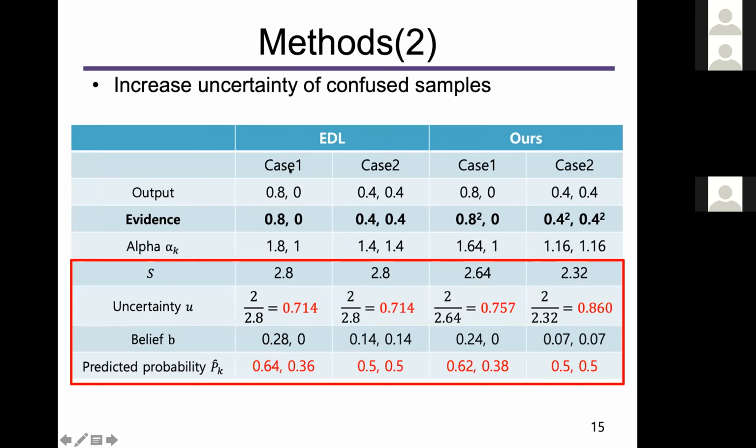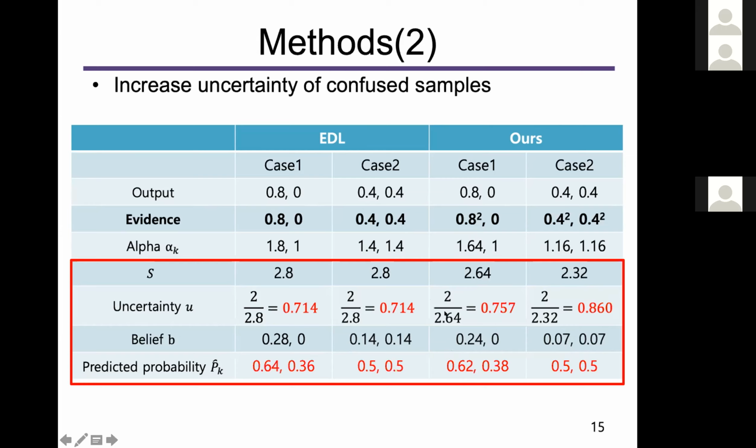So in here, number 1 is higher, and in case 2 they are 50-50. But in our case, we also return similar result of predicted probability. It's like slightly smaller confident probability in case 1 and exactly the same as case 2.